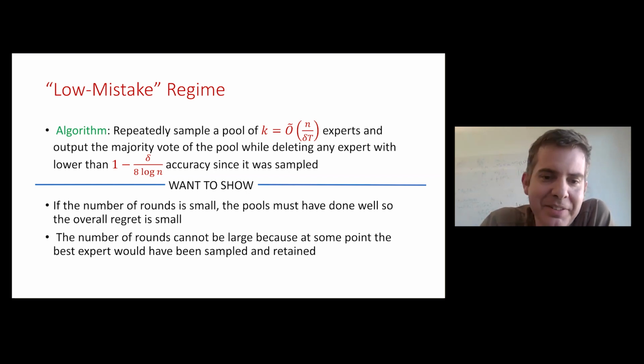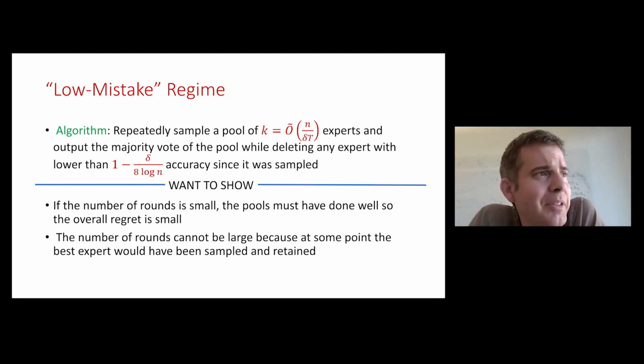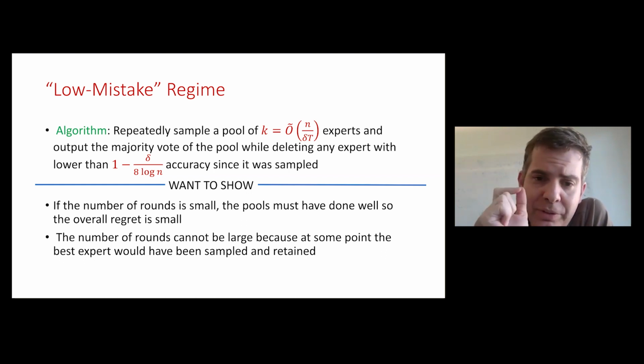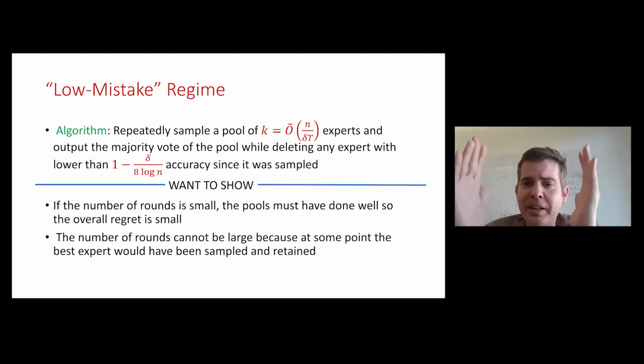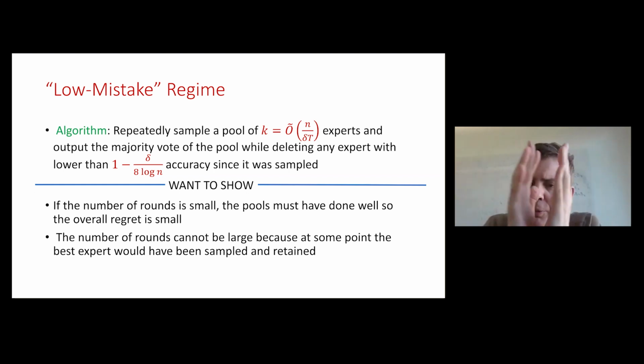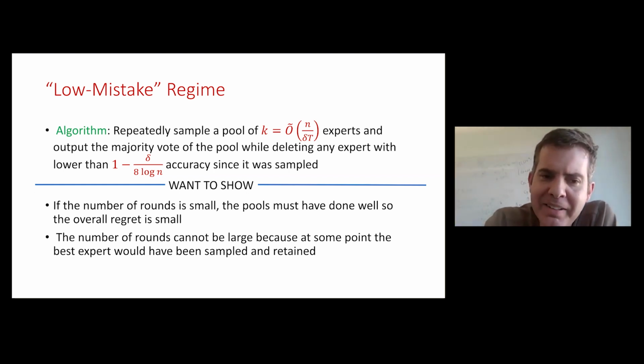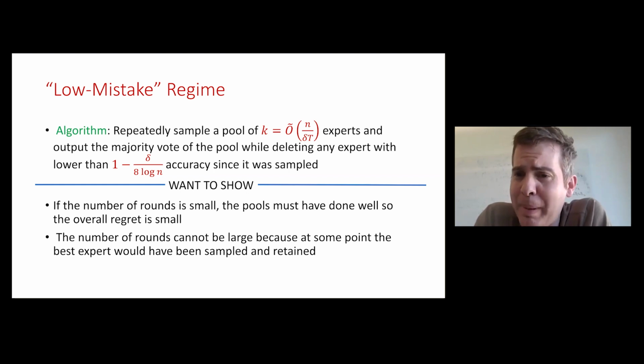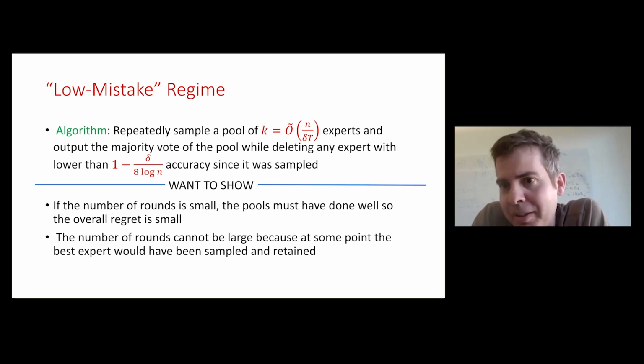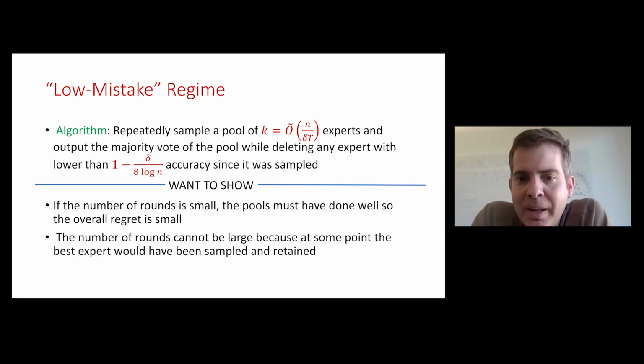Now, since I'm really out of time, let me just say at a high level what happens. In the arbitrary order model, the best expert doesn't make many mistakes. You're only going to get really screwed up if you sample the best expert on a day where it makes many mistakes around that day, in a dense region, because then the accuracy is going to look bad in that dense region, and you're going to throw away that best expert, and then you haven't made any progress.